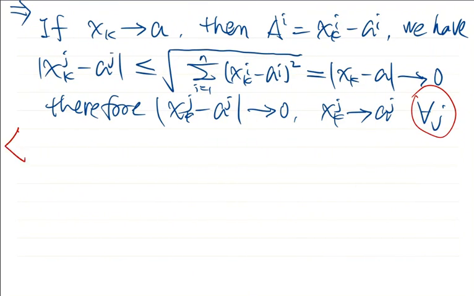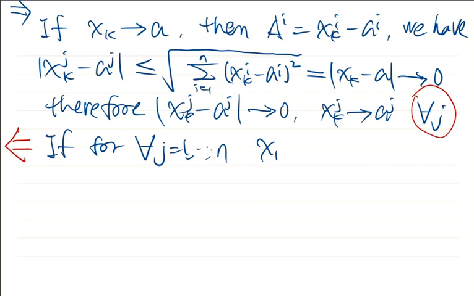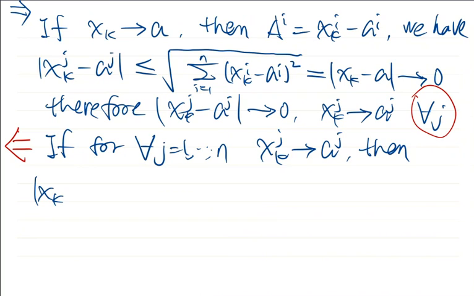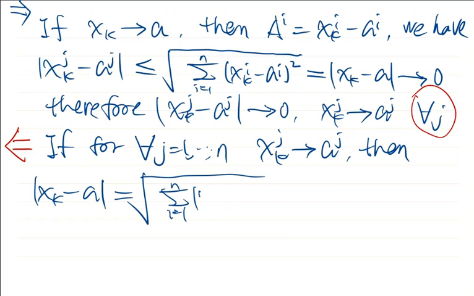Now the if part, this direction. If for any j from 1 to n, we have xkj converge to aj. Then, by the second inequality we just proved, we will have the distance between xk to a, which is the square root of the sum of xki minus ai square.